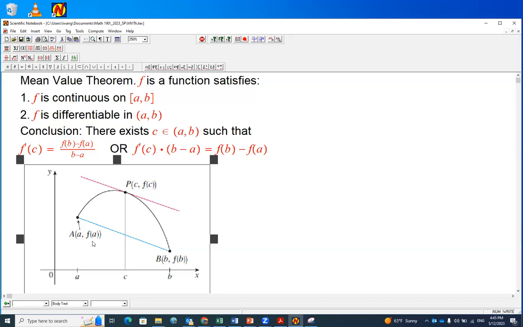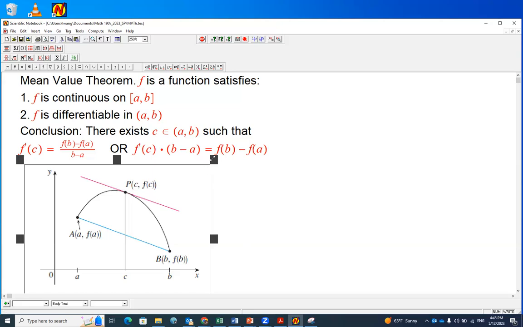So this is point a, this is f of a, the horizontal measurement, the vertical measurement, b, f of b. So f of b minus f of a divided by b minus a is actually the slope of the blue line.